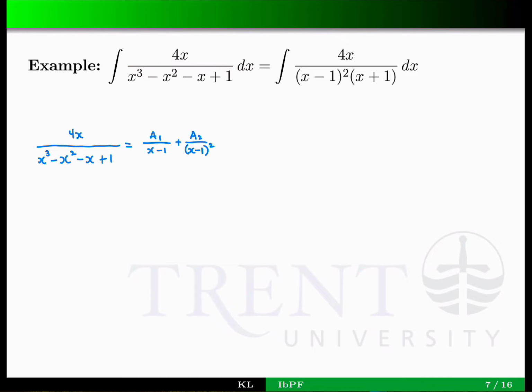So to each power of x minus 1, we put a constant numerator: power 1 and then power 2. Also do not forget the other factor. In this case, I'll be using b for the numerator: b over x plus 1.